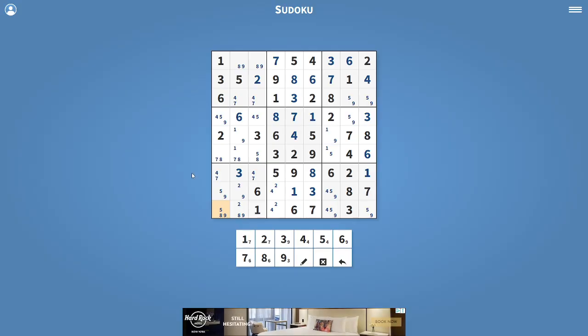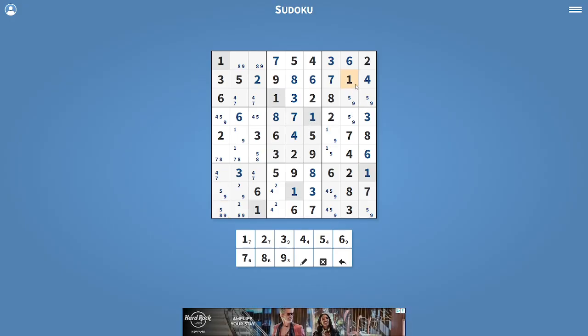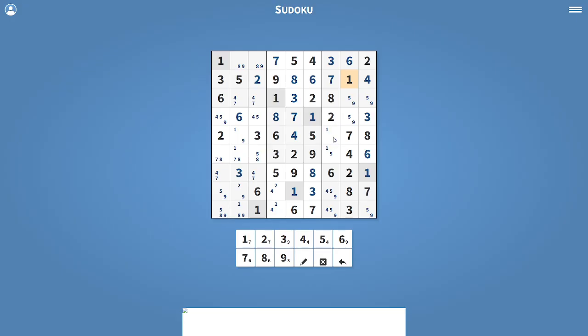Never mind. We just know that there's a 9 over here. Alrighty. Let's see. We're seeing the rows. We know that this row has to be right here. And over here it has to be there. 1 same way. Let's go to 2s.